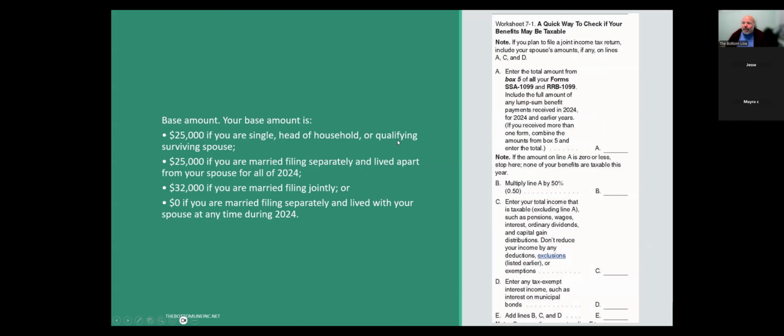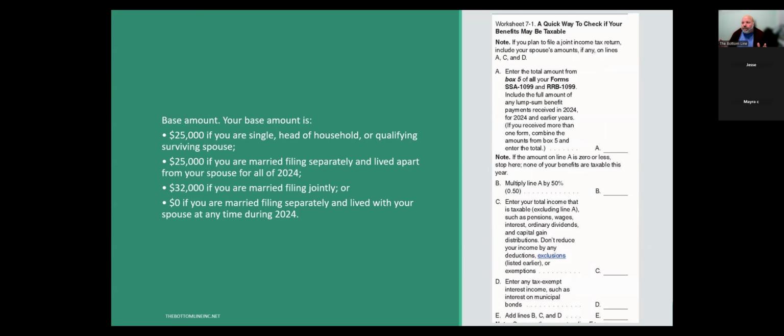So we have what's called base amounts. If you're single, 25,000, and this gets adjusted every year for inflation. Single, head of household, or a qualifying surviving spouse. Married filing separate and lived apart from your spouse. This is really important.